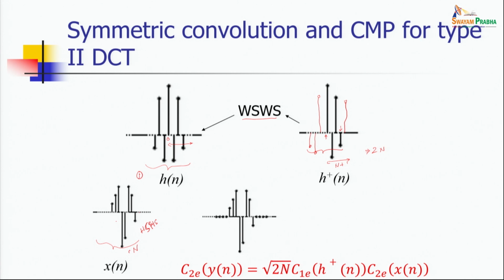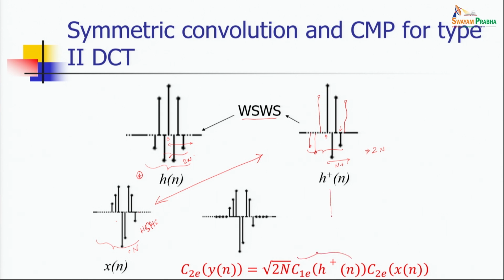If I write it in the form of circular convolution of length 2N, and this is 2N, it is equivalent to the symmetric convolution between these two. And symmetric convolution of this kind of extension, in the discrete cosine transform domain, is reflected with this property. They are equivalent to these operations.